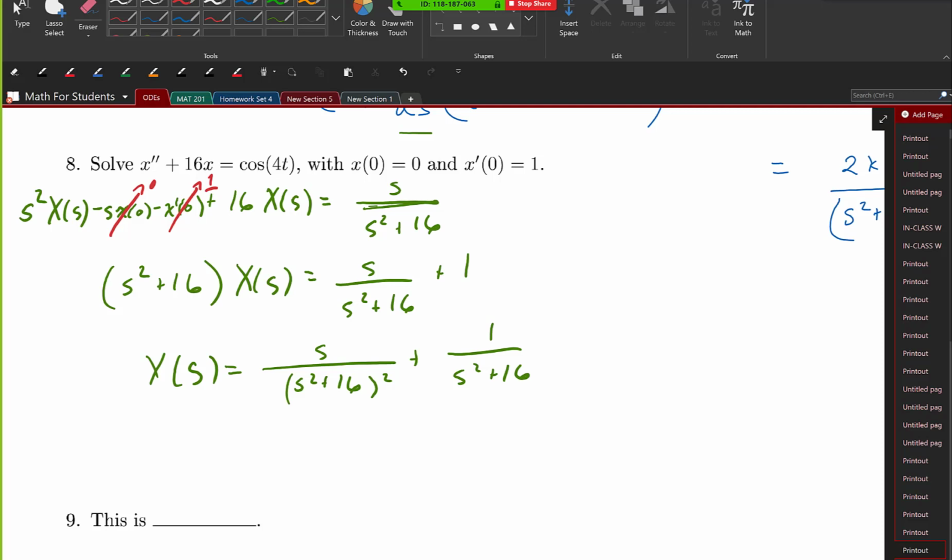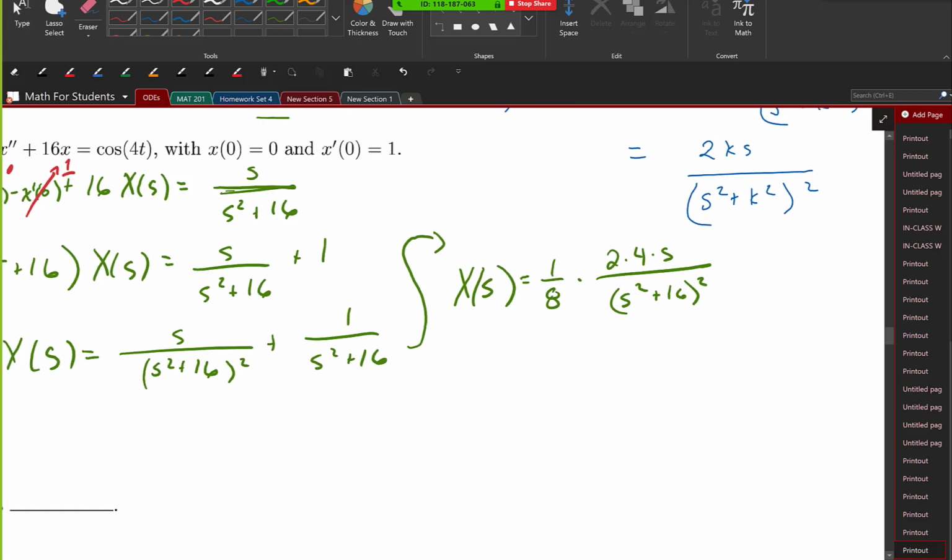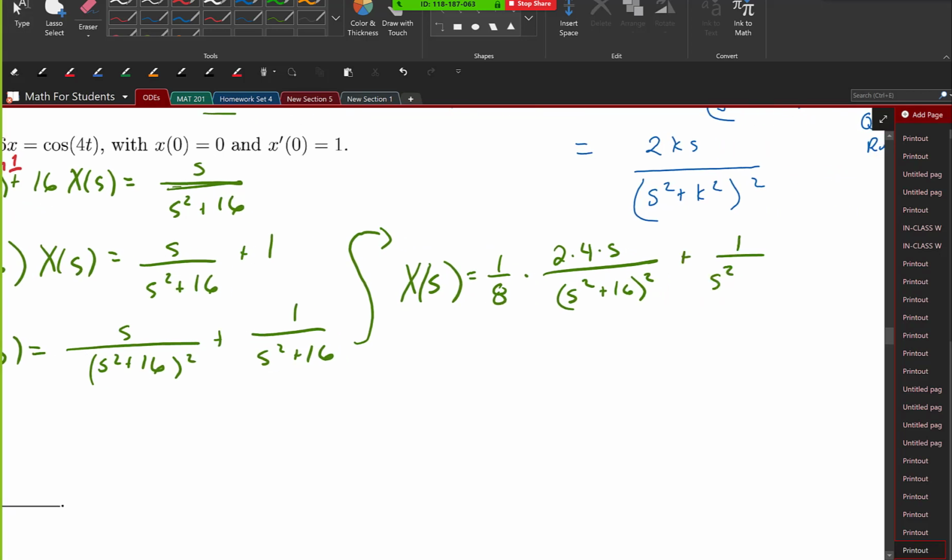And I think this is a pretty cooked up example I took from another book. It's pretty cooked up in that we did these two questions side by side, the previous question and this one. If I then go ahead and put a 1/8 right here, then I'd put an 8 upstairs, so I'd write it as 2 times 4 times s, all over s squared plus 16 squared plus 1 over s squared plus 16.